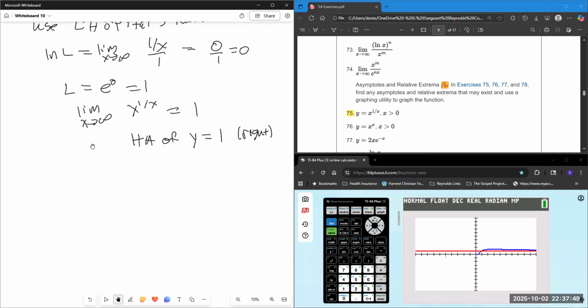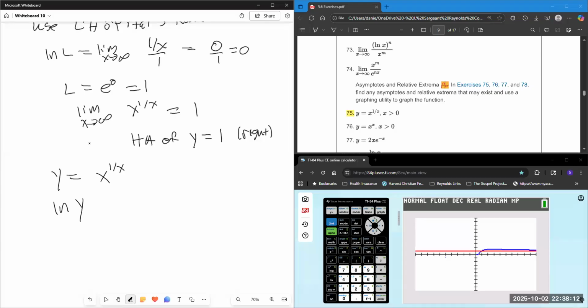Now let's try and find its maximum value, which is right over here somewhere. And I'm going to do that by, again, going back to y equals x to the 1 over x. And I want to differentiate implicitly, since this is a function of x, to another function of x.